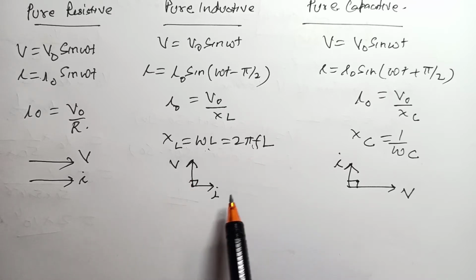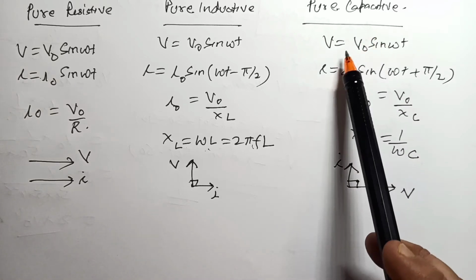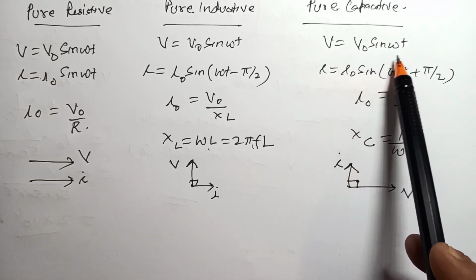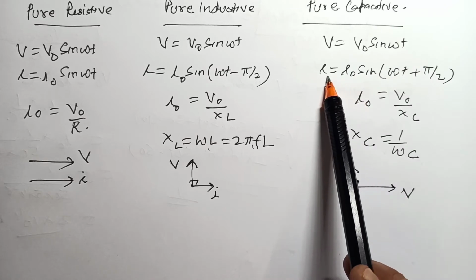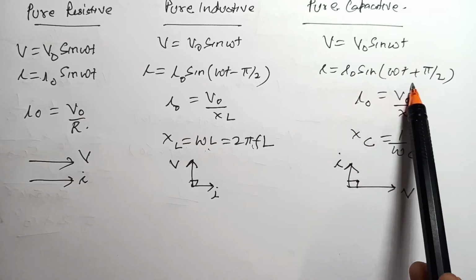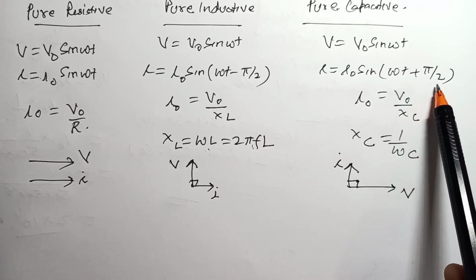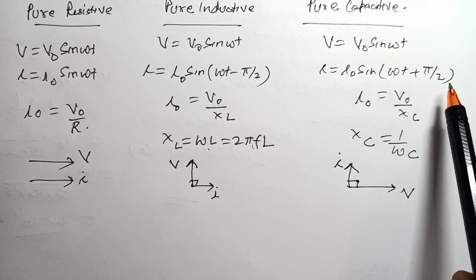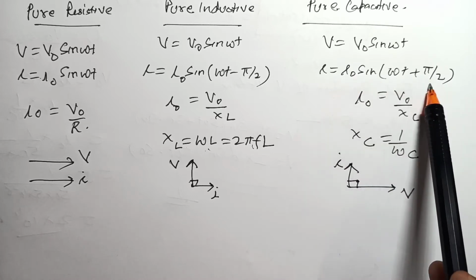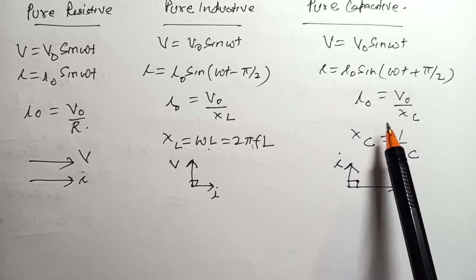Coming on to pure capacitive, V is equal to V naught sine omega t, and I is equal to I naught sine (omega t plus pi by 2). A thing to remember is that in the capacitive case the angle is plus pi by 2. The current is leading by 90 degrees, pi by 2 angle.